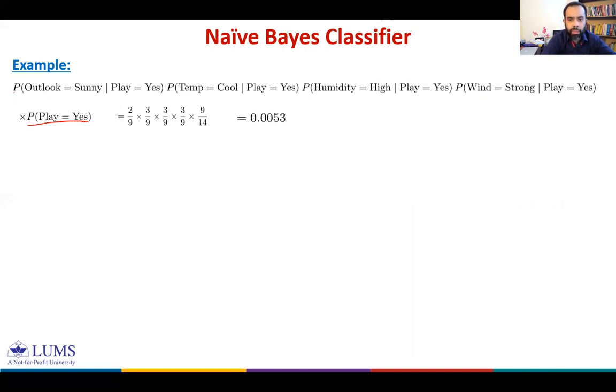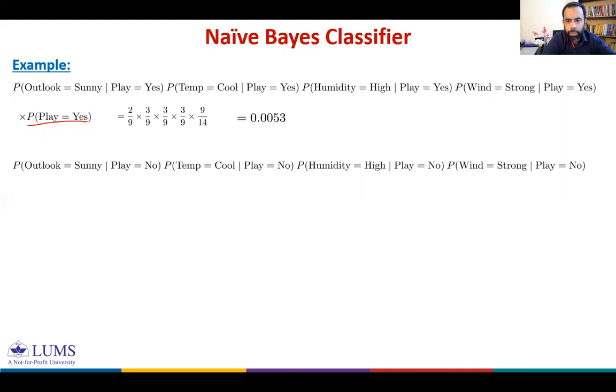We carry out the same for play is equal to no, and when we use these numbers, we obtain 0.0206. If you note here, I have not computed the denominator we had in the conditional probability expression, right? So this is the numerator only, because the denominator is the same in both the cases.